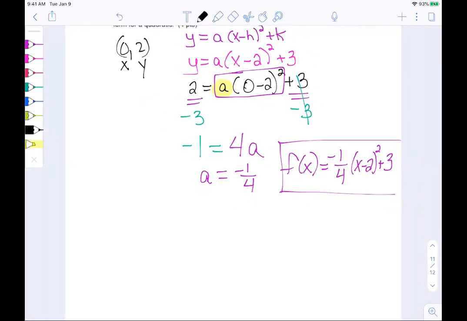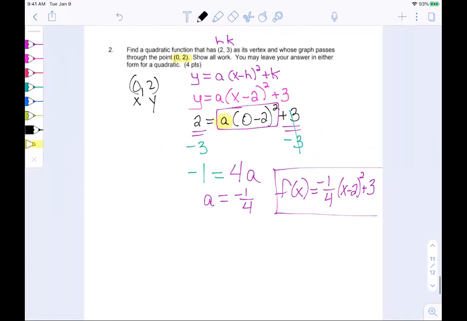Just looking at my original information to check your work, I'm going to make a little sketch here, just to show you that you can look at your equation and say, yeah, that makes sense. We have a point at (0, 2) and then a point at (2, 3).